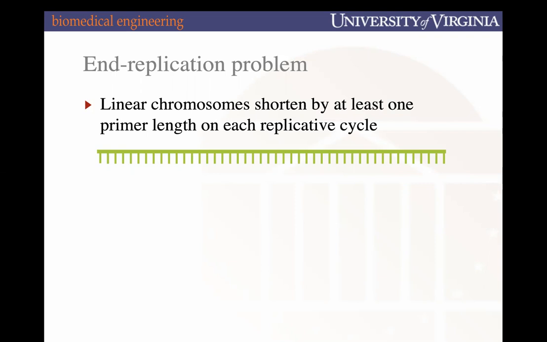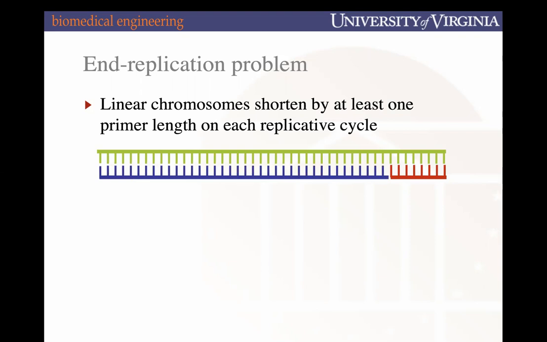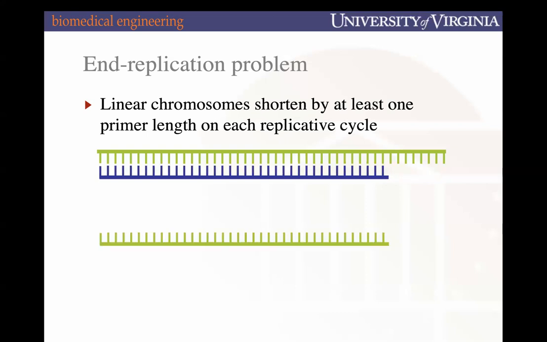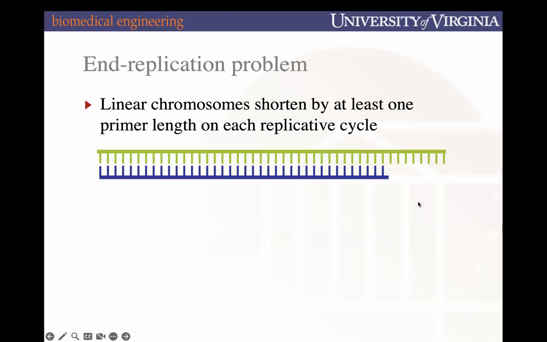So for linear chromosomes like that we have, what ends up happening is that because we have this primer on the very end where it helps to trigger DNA polymerase delta to begin elongating, once this primer is removed, there's not much space for another polymerase to come in and replace the complementary sequence for this end of the DNA.